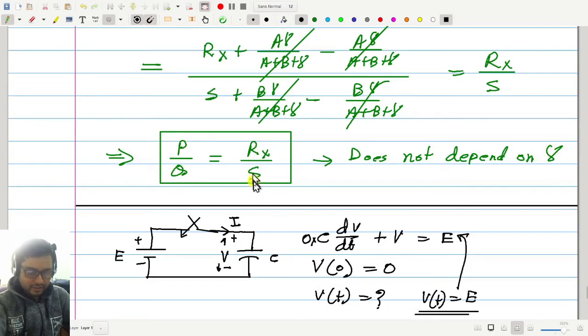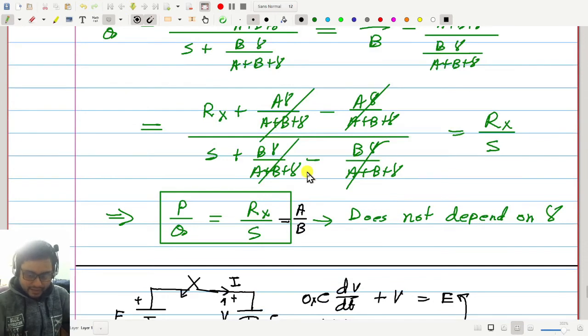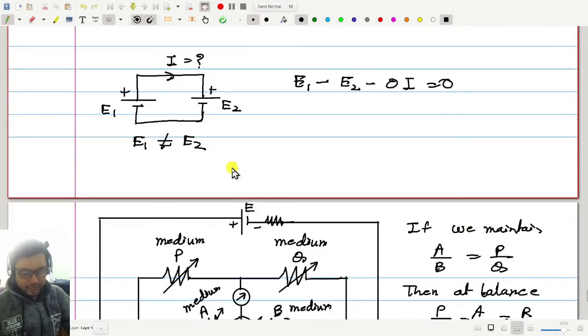The balance equation is P by Q equal to R by S, which is also equal to A by B. But if you do not maintain P by Q equal to A by B, you can still get a balance, but then that balance equation may depend on this resistance gamma, which we do not know. So to get rid of this, we have done that.